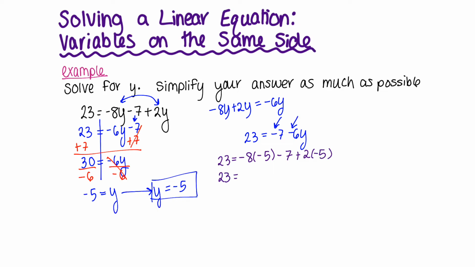You could plug this right-hand side into your calculator and it would be really fast, but if you're doing it by hand, negative 8 times negative 5 is 40 minus 7, and then plus negative 10 is the same as minus 10. So plus and negative is the same as just doing subtraction. 23 equals 40 minus 7 is going to give us 33, minus 10 is 23. So 23 equals 23, good as gold, so that means that our answer is indeed correct.